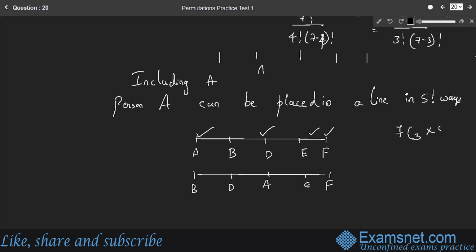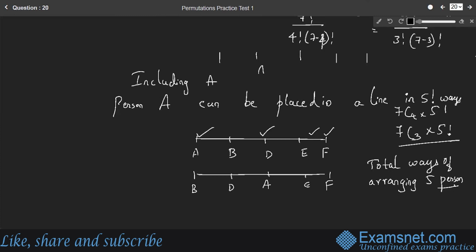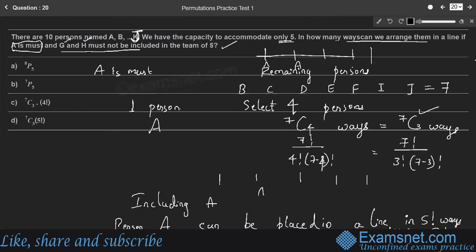Into factorial 5 gives the total ways of arranging 5 persons. Therefore, 7C4 into 5 factorial, or both are the same, 7C3 into 5 factorial ways, in which 5 persons can be arranged such that A is a must in that group.